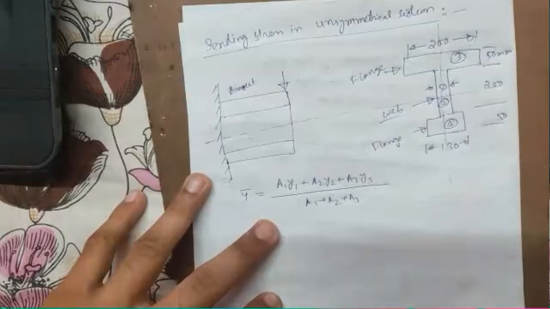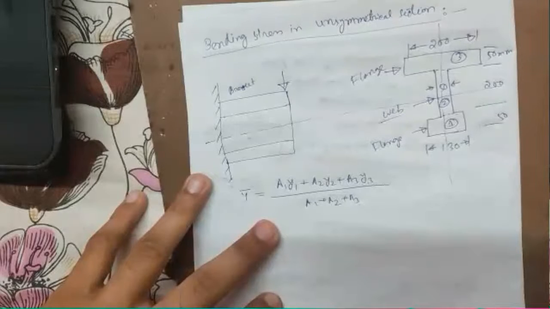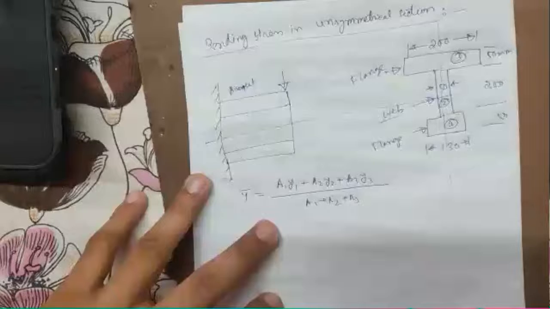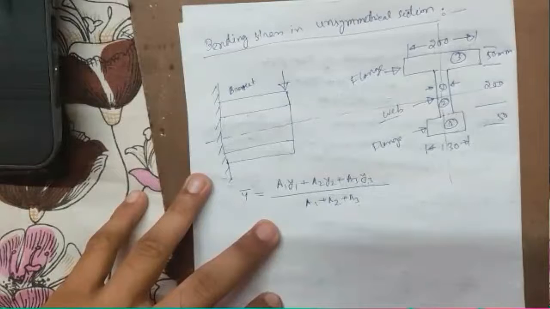The bottom one is area 1, the middle web is area 2, and the top flange is area 3. So A1 is the area of section 1, A2 is the area of section 2 or the web section, and A3 is the area of the top flange.